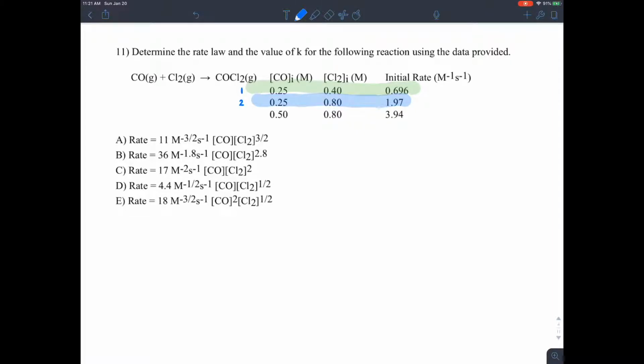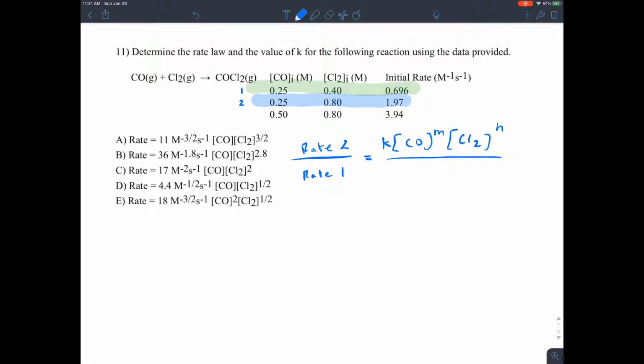Let's do the rate laws for each reaction independently. So the rate of reaction 2 over the rate of reaction 1 is equal to, well, we're just going to be writing the rate laws for them. So k, and in this case, it's carbon monoxide, CO, to the m power, and I have Cl2 to the n power.